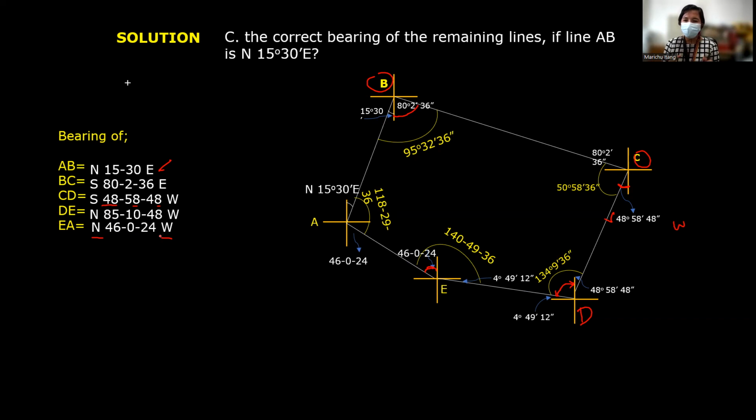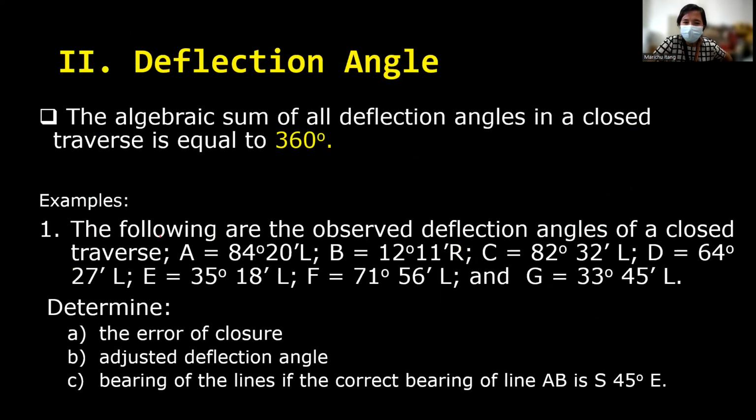Okay, so all you have to do is to draw it correctly and to measure the angle correctly. So the next we have here is the deflection angle. So based on the deflection angle, diba, i-extend lang natin, or i-prolong lang natin yung line before that proceeding line.